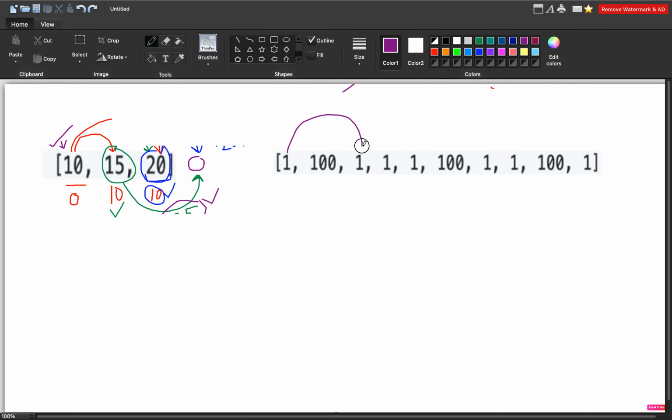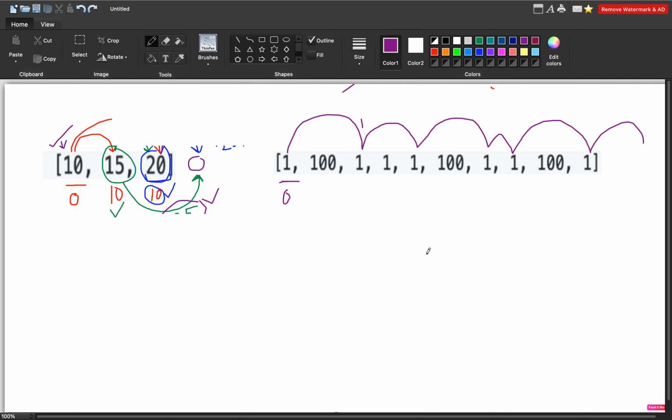We can go from here to here, now from here, and this and this, basically 1, 2, 3, 4, 5, 6. Initially it was 0, so reaching here 1, 2, 3, 4, 5 and here 6.